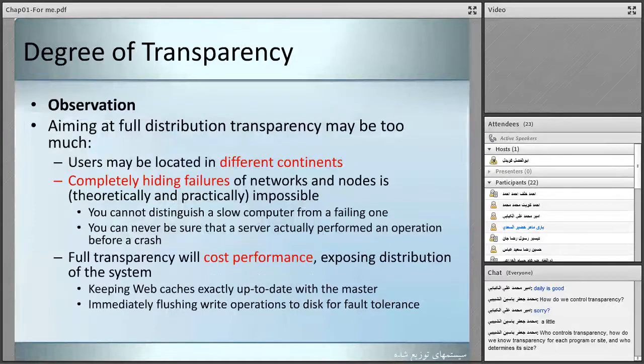Now, for fault tolerance and failure transparency, suppose we immediately perform write operations when you are typing an article or a paper in Office Word.